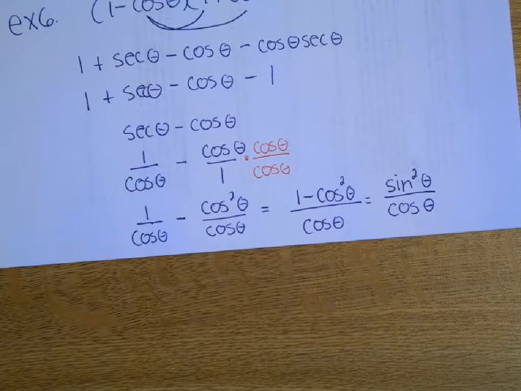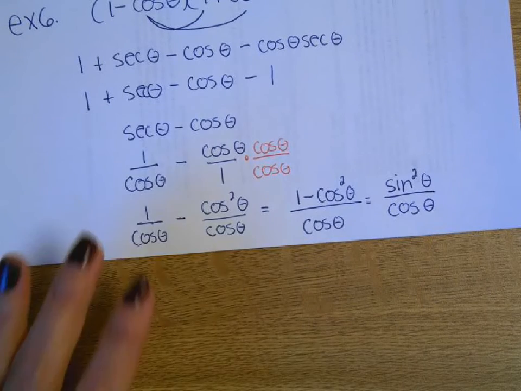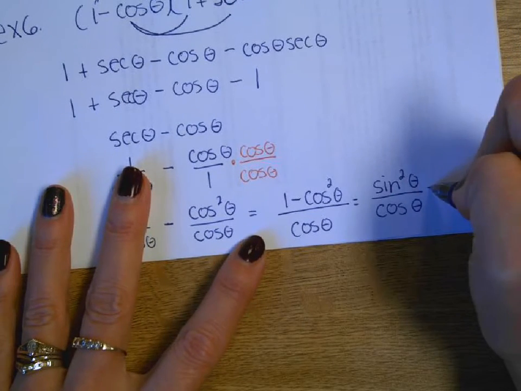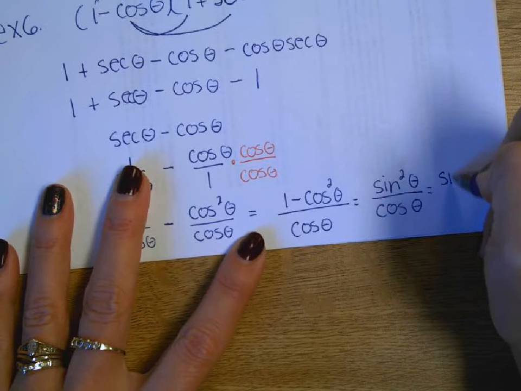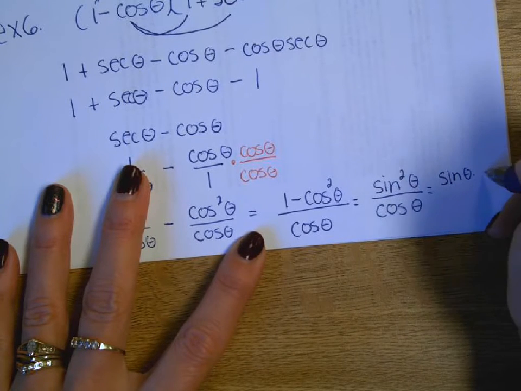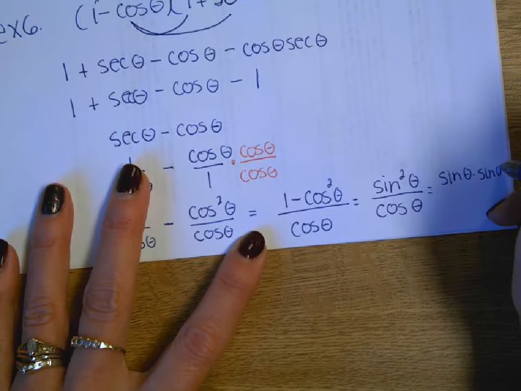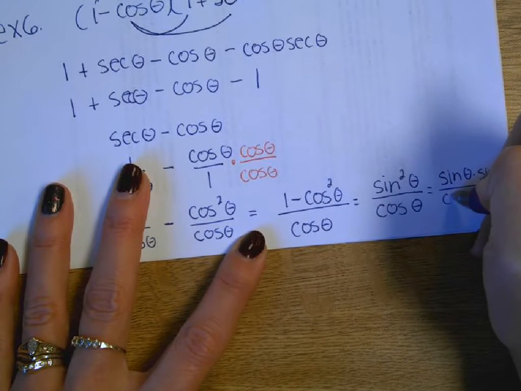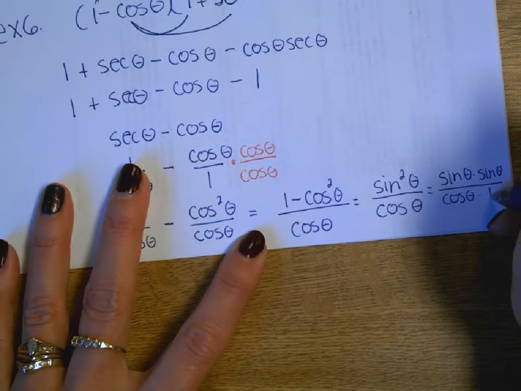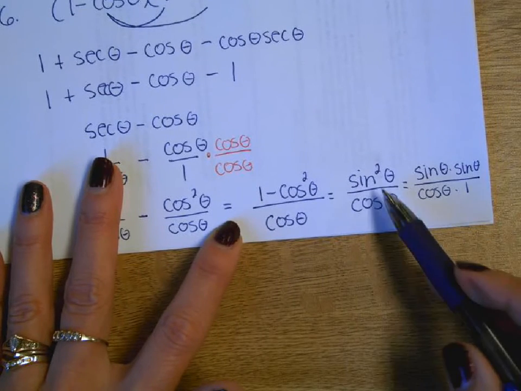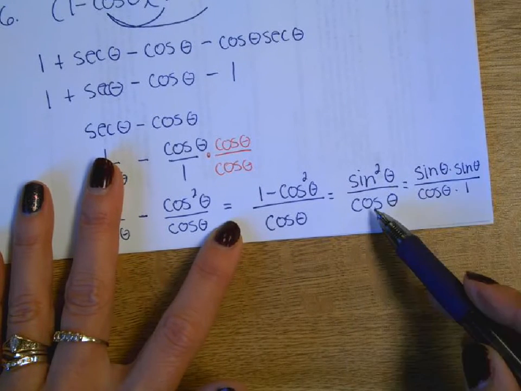Okay, I will show you what the book does to eliminate the fraction. You don't have to write this, just take a look: sine times sine over cosine times 1. Do you agree that I've got the same thing as I had here? Sine squared is sine times sine.